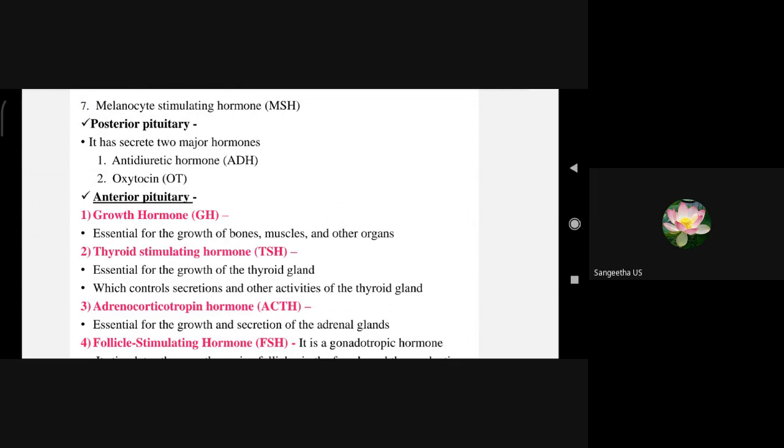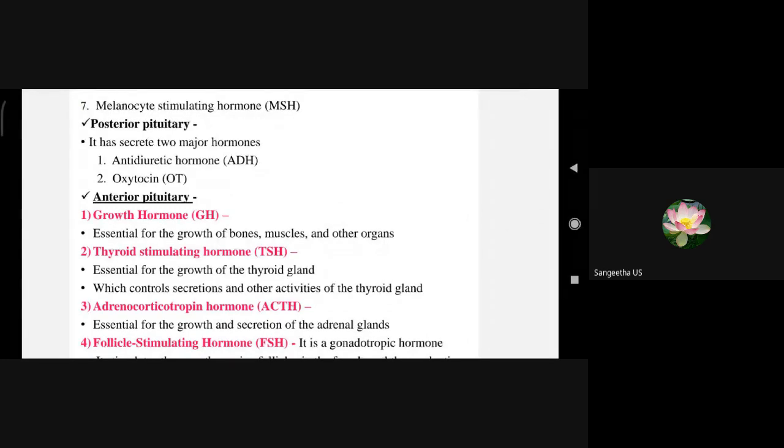So antidiuretic means the volume of urine is getting less. The volume of urine will become less, means urine will become concentrated.